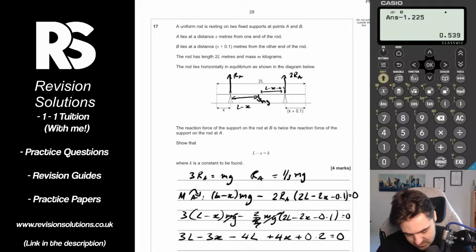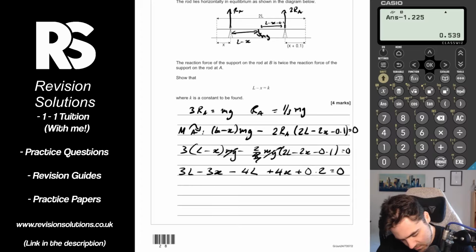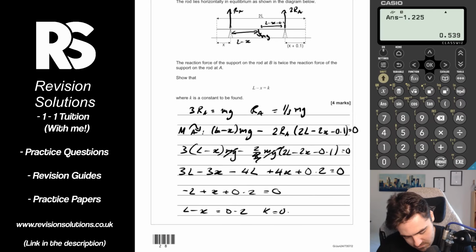That's all equal to 0. Let's simplify this down now. So if I collect the L's, we're going to have minus L. And we'll have plus x plus 0.2 equals 0. And if I bring that over the other side, we'll have it as L minus x equals 0.2. So our k must just be 0.2.